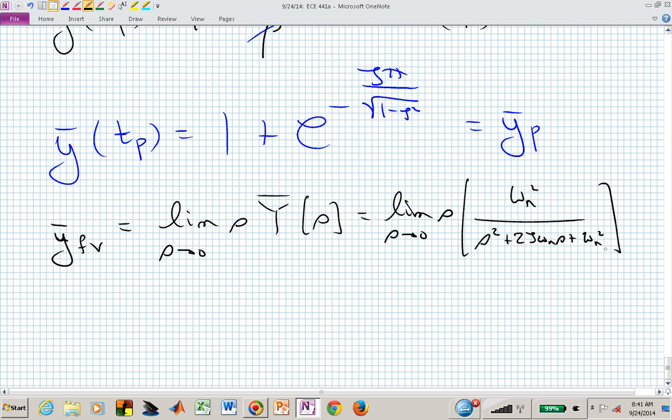And I again forgot my s, so let me squeeze that in. That was y bar in square brackets. The s's cancel. I let s go to 0, and what do I end up with? I have omega sub n squared over omega sub n squared, which is 1.